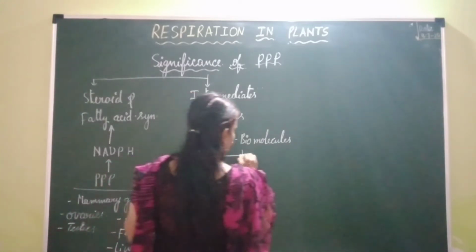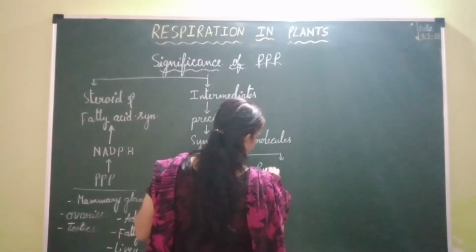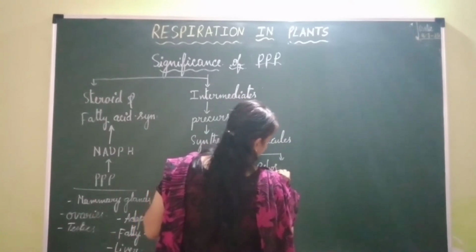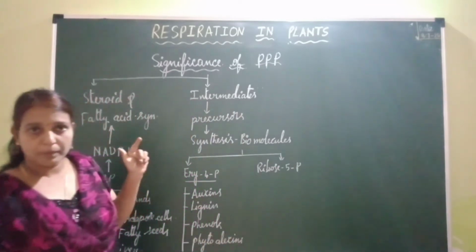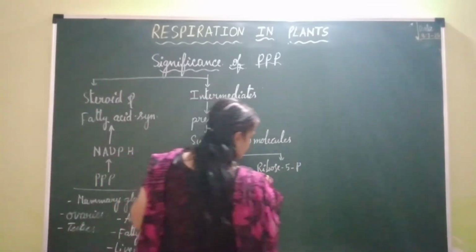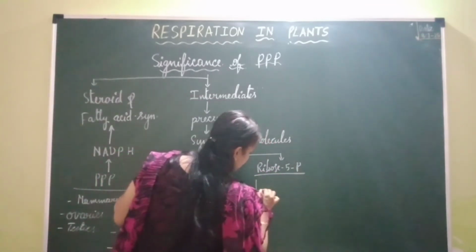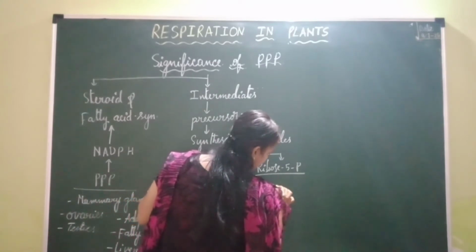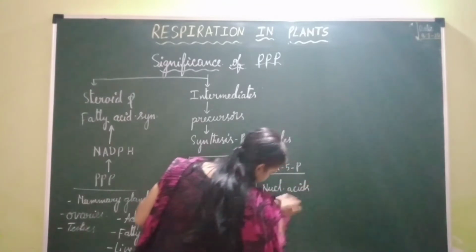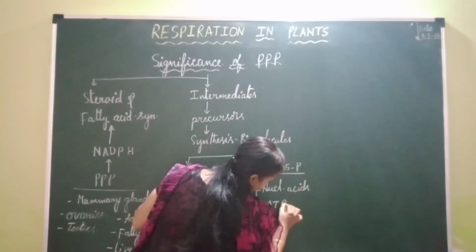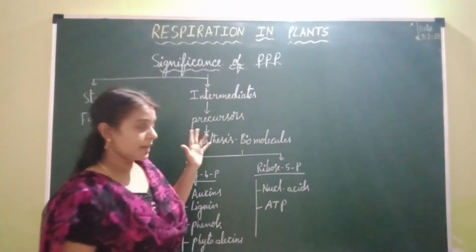Another example is ribose 5-phosphate. This ribose 5-phosphate is an intermediate which is formed during the PPP pathway, and it is used as a precursor for the synthesis of nucleic acids and ATP. Right. So this is one significance.